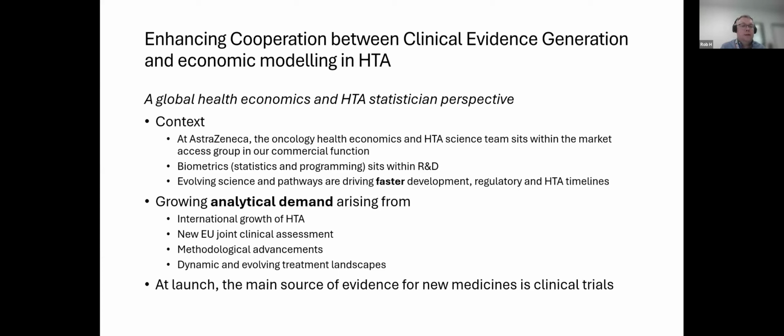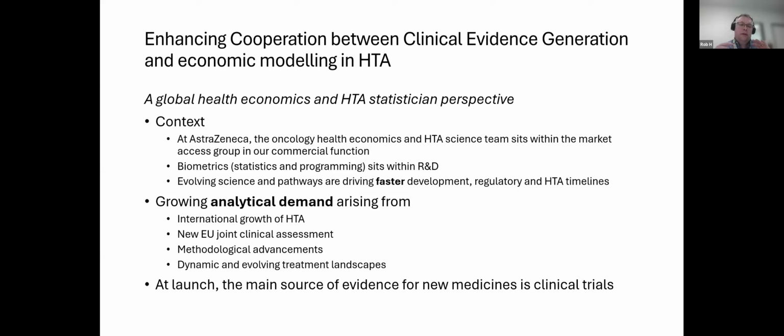Our friends in biometrics, statistics and programming sit within the R&D organization. As Anders nicely outlined in the previous presentation, that obviously has benefits as well as drawbacks, and there's specific reasons why that happens in terms of protocols and the way we operate.